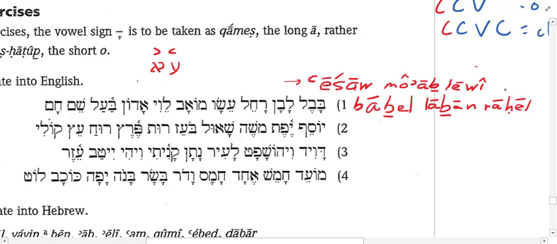Next I have an aleph, and then a kametz symbol under it. So after the aleph, I need to put an A with the line for a tone long A. Now I have a dalet next. That's a D. Notice that the dalet is a begad kafat letter, and there's no dot.